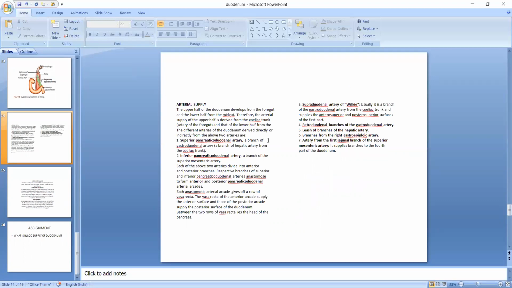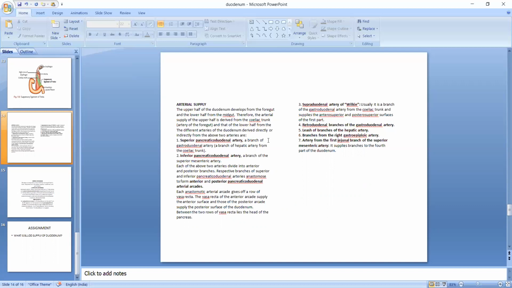These are the superior pancreaticoduodenal artery and the inferior pancreaticoduodenal artery. The superior pancreaticoduodenal artery is a branch of the gastroduodenal artery, and the inferior pancreaticoduodenal artery is a branch of the superior mesenteric artery. Each of these two arteries divides into anterior and posterior branches.